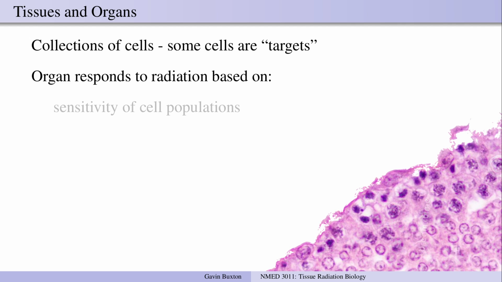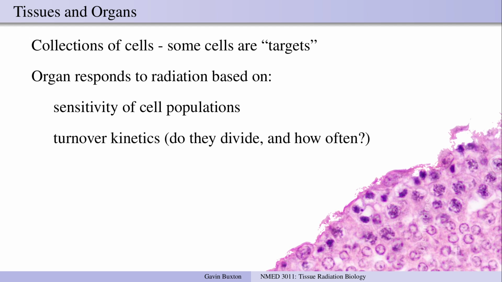And the sensitivity can be defined as the loss of the reproductive capacity for these cells and depends on the inherent sensitivity of the various cell populations in the tissue or organ, and also the turnover kinetics of each population in the tissue. In other words, how often do they divide?